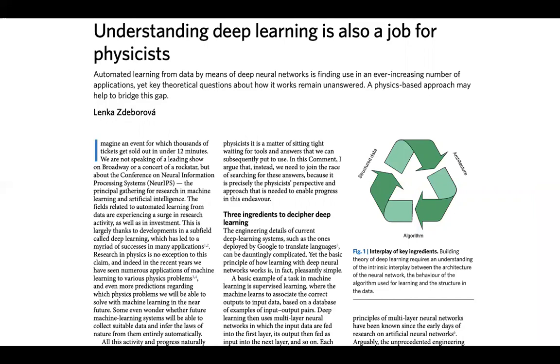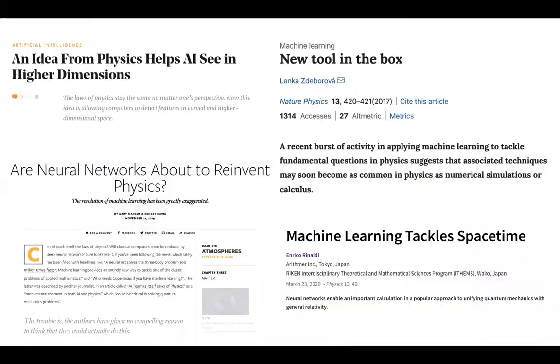So this is something which the research community across disciplines is taking note of. And at an even larger level, if we look at some of the newer developments taking place at the intersection of physics and AI, there is a lot of enthusiasm on both sides, which is evident from some of these recent articles.